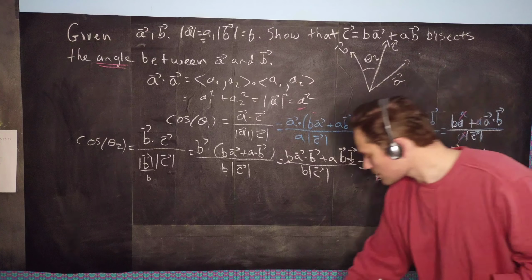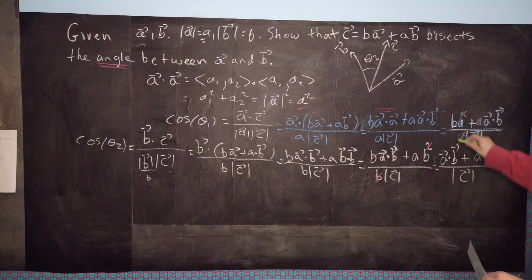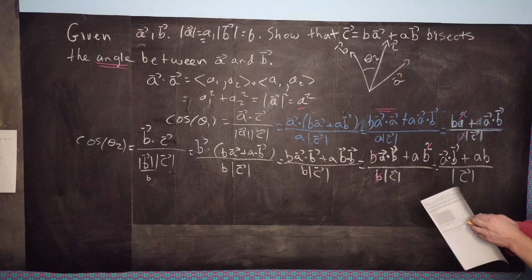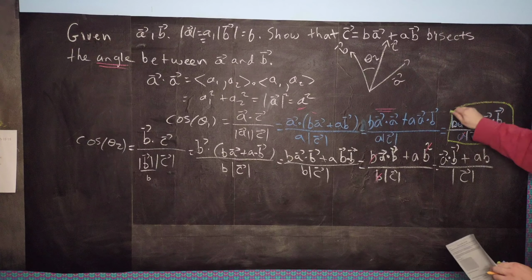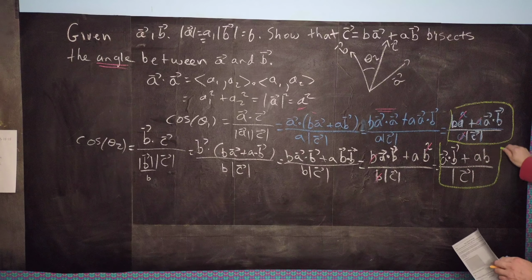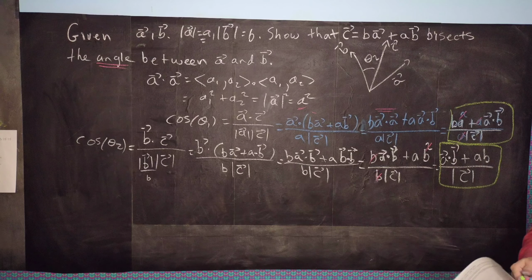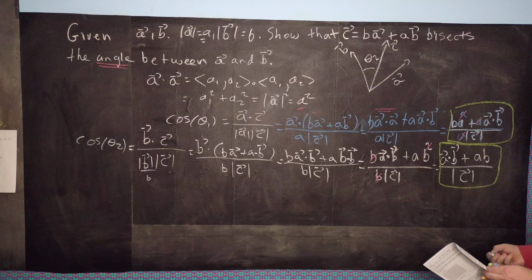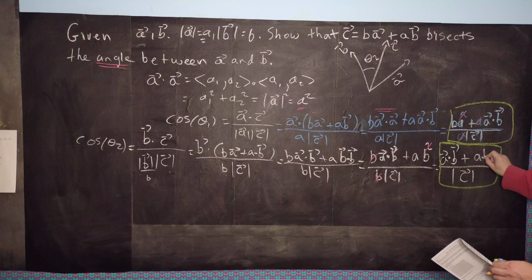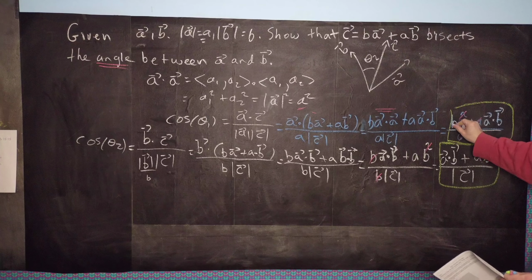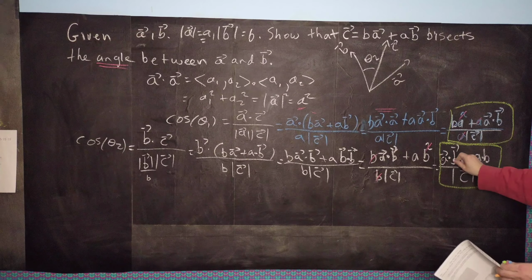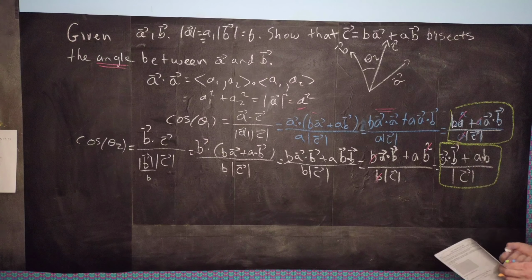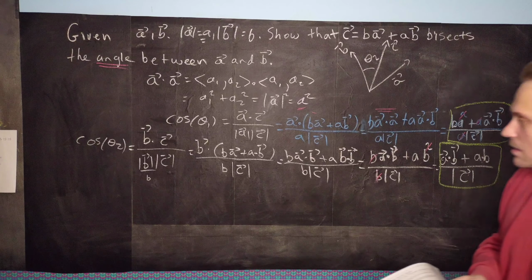But now, take a look. Whatever expression we had left over here, now this is exactly the same expression term by term, correct? So we had the magnitudes of A and B, the magnitude BA, the same thing. Then you have A dotted with B, A dotted with B, and the magnitude of C and magnitude of C. That means these expressions are identical.